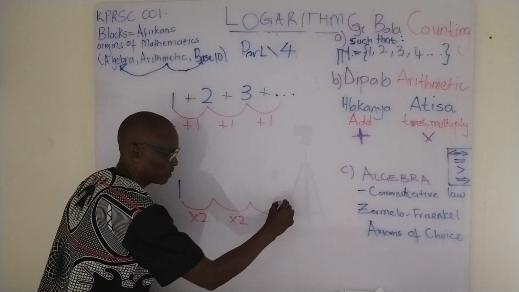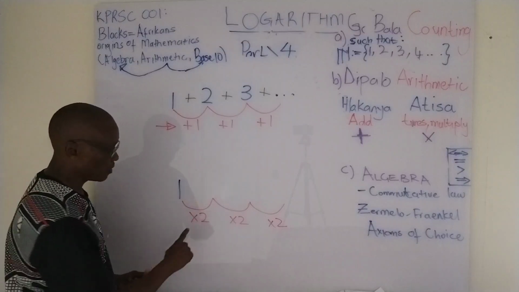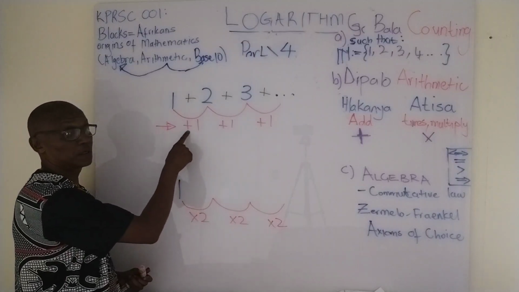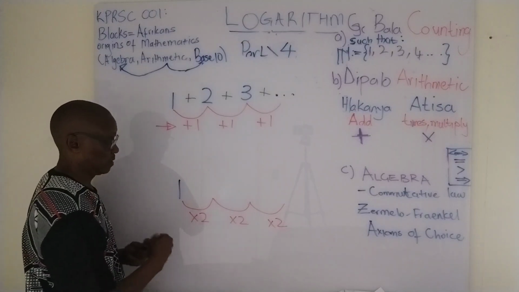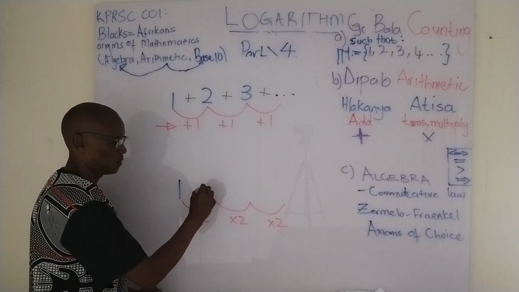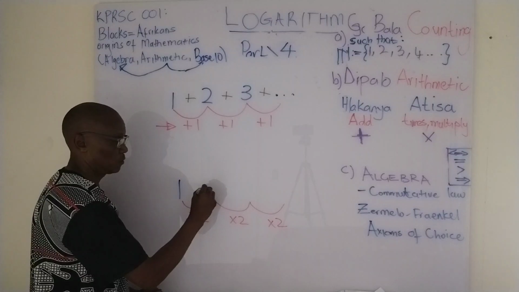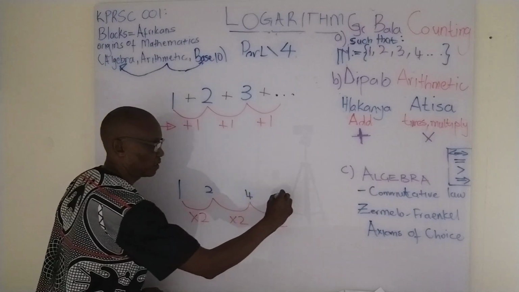And I repeat the action, the same action, this time with a multiply and not the add. Well, this will give me 2. This will give me 4. This will give me 8.